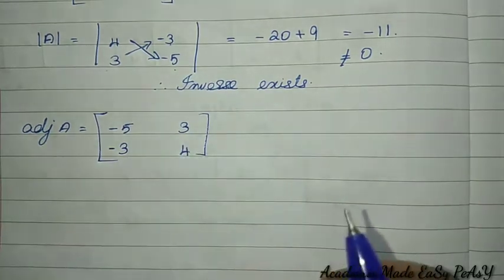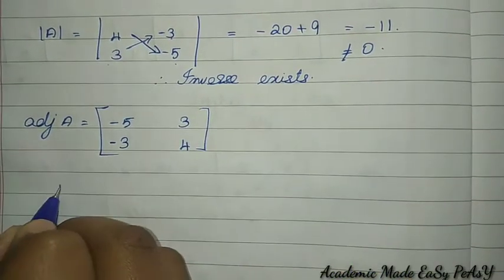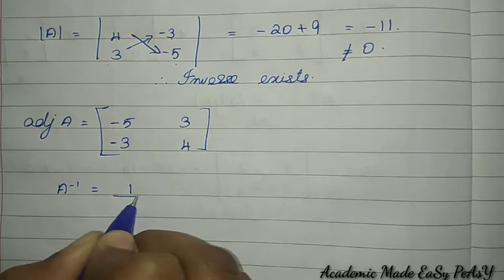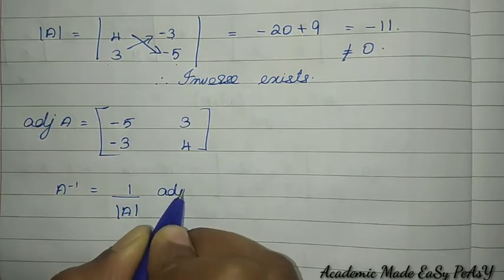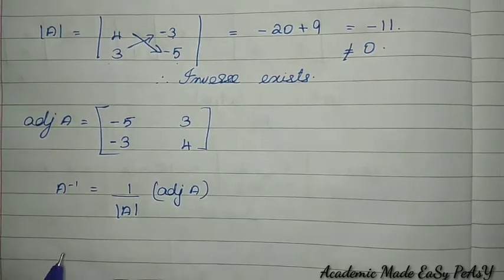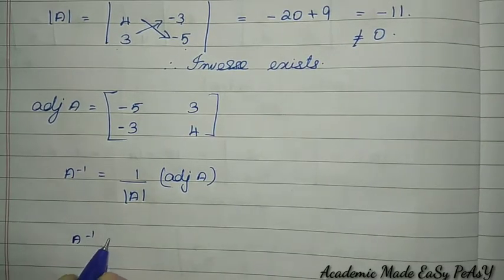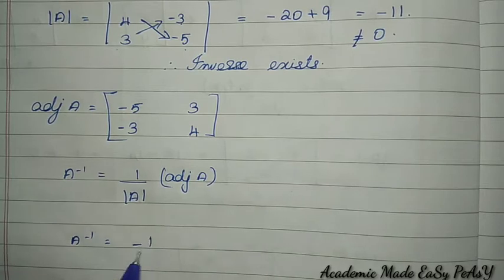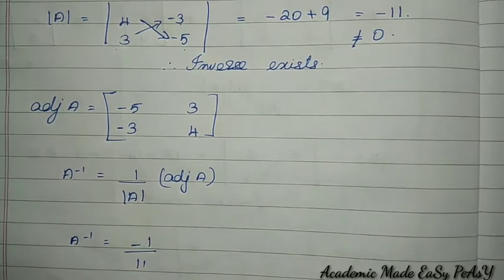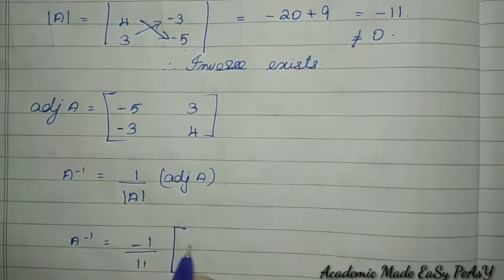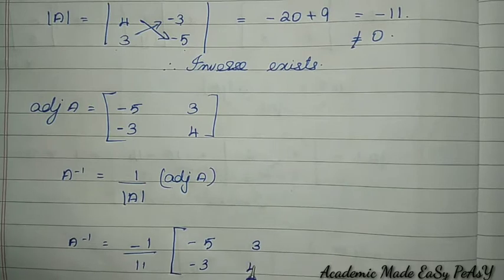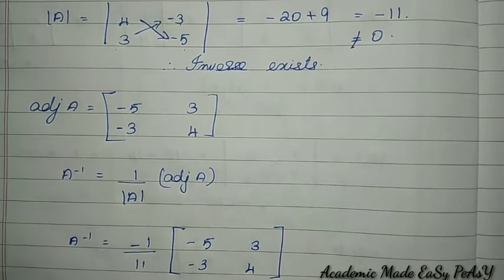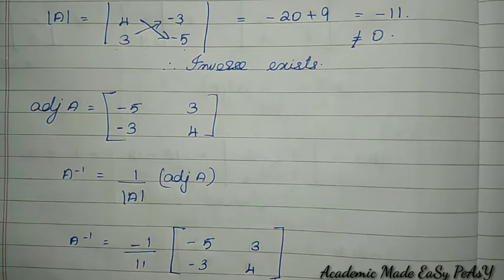So this is the required adjoint of A. So A inverse is equal to 1 by determinant of A into adjoint of A. So A inverse is equal to -1 by 11, I'm just writing it as -1 by 11 into, what is the adjoint? -5, -3, 3, 4. So this is the required answer for A inverse.